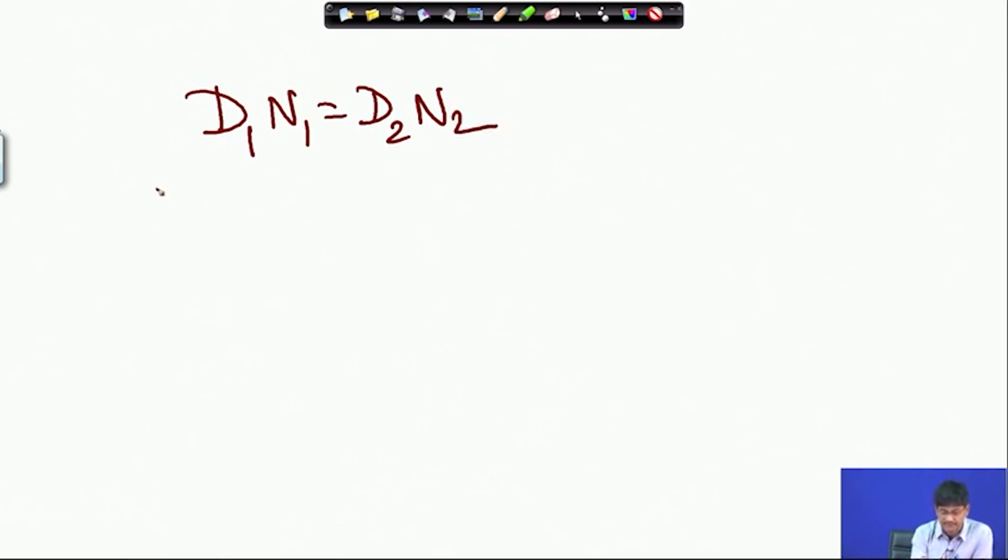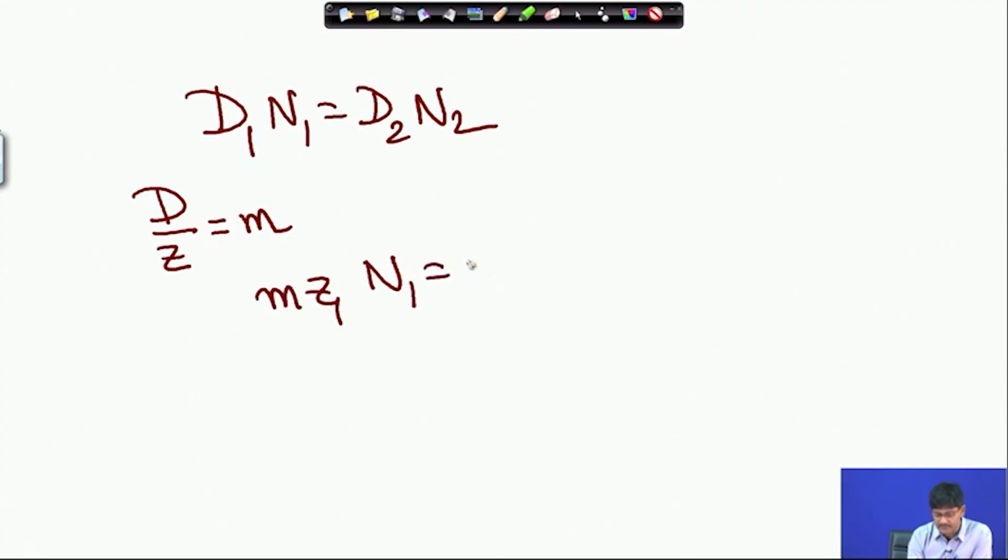So, let us select a fresh page and write here d1 n1 equal to d2 n2, and therefore, since we have found previously that d by z, dp and d here they are the same things, d by z is equal to module. Okay. I can replace here d with m into z1 into n1 is equal to m into z2 into n2. Sorry, this one is a mistake on my part.